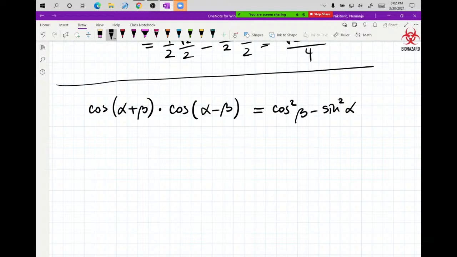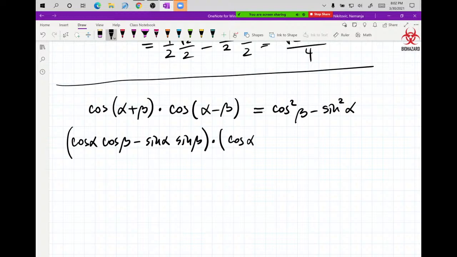Okay, let's take a look at this problem together. Again, it's just grinding through algebra. So we replace cosine with cosine alpha, cosine beta, minus sine alpha, sine beta, times cosine alpha, cosine beta, plus sine alpha, sine beta.